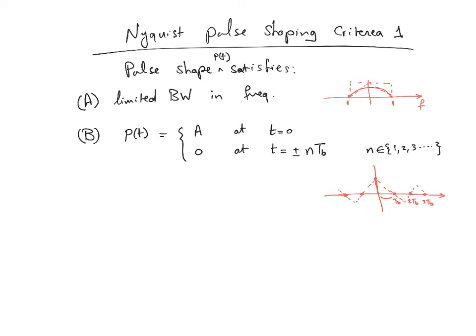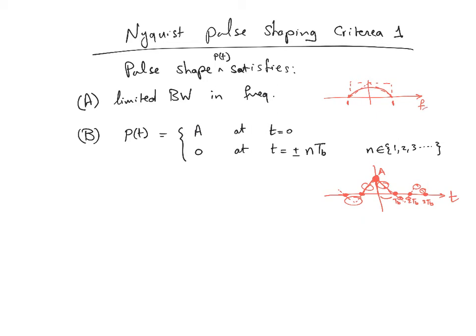It just has to be non-zero here, and it has to be 0 here, 0 here, 0 here, and it doesn't matter what the value is in between. These values can be anything. What matters are only the solid points. They all have to be equal to 0, except this one has to be equal to some non-zero, positive value, right? This is in time domain.